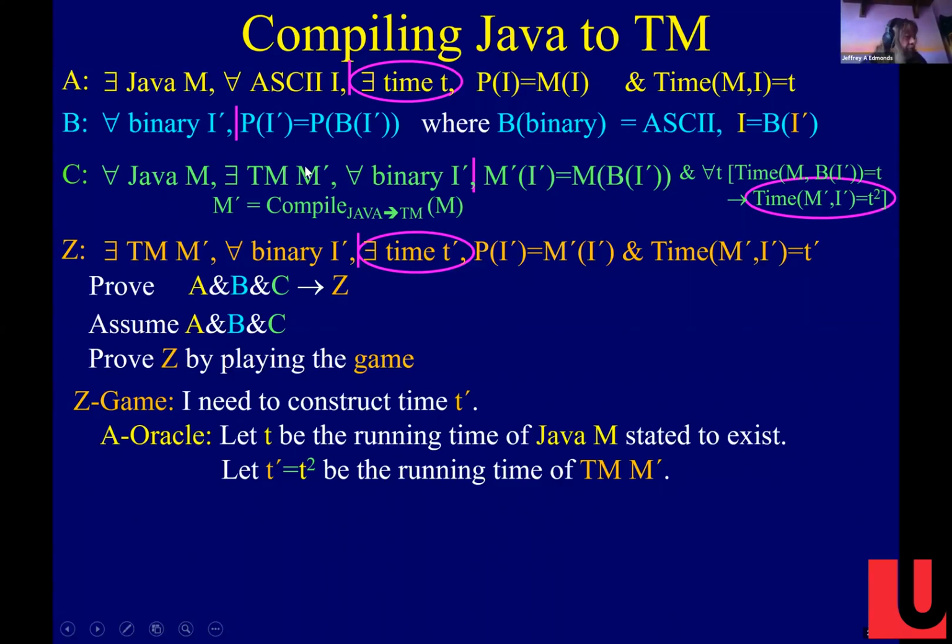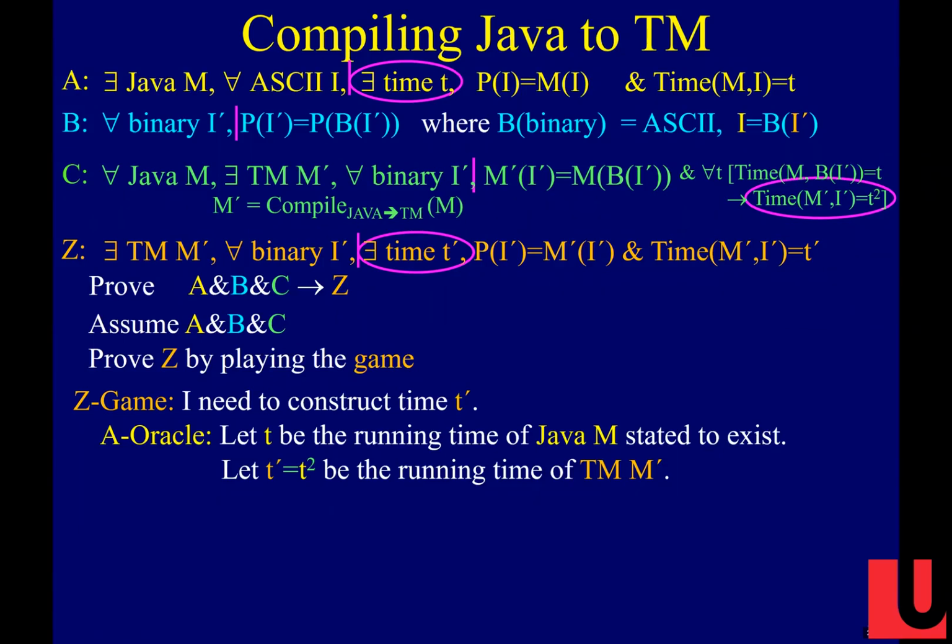It compiles Java to Turing, and it promises us that the Turing machine solves the same problem as the Java program. It assures us that the Turing machine gives us the same answer as the Java program, and it's also going to assure us that whatever time the Java program took, the Turing machine is going to take the square of the time.